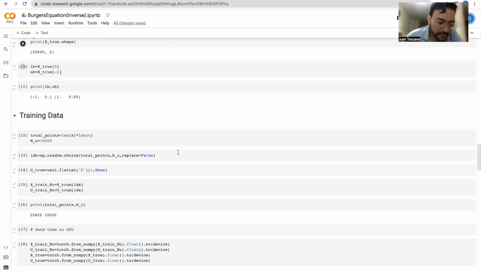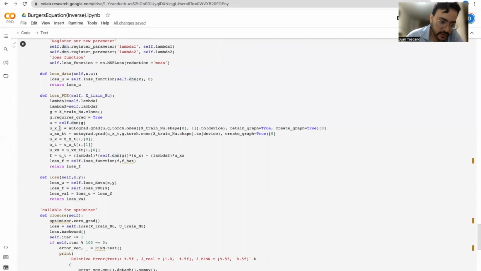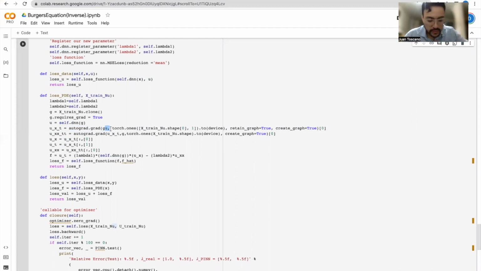To compute the first derivatives, we ask our program to differentiate u, which would be our neural network, against g. But remember that g has both values, x and t. So our first derivative would be with respect to x and t, and it will contain several derivatives inside of it.